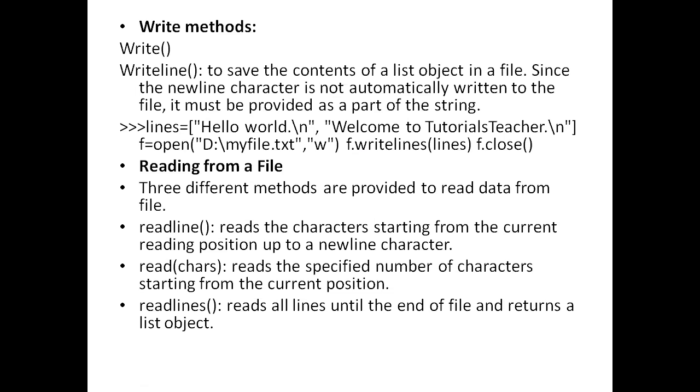Both will work the same. Read reads the number of characters specified. But the difference is, read returns the data in string format. When you go with readline or readlines, it returns a list object. Based on that list object, you can do some processing, whatever else you want to do with it.